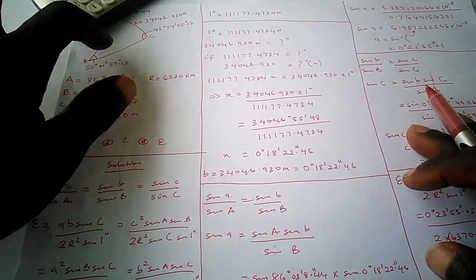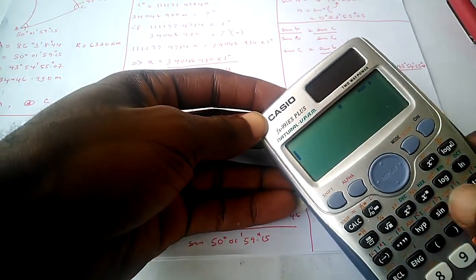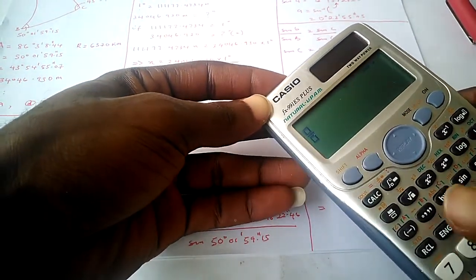So now let's go. We are still going to use the math mode. I just want us to pay very close attention to how the process is going to go.